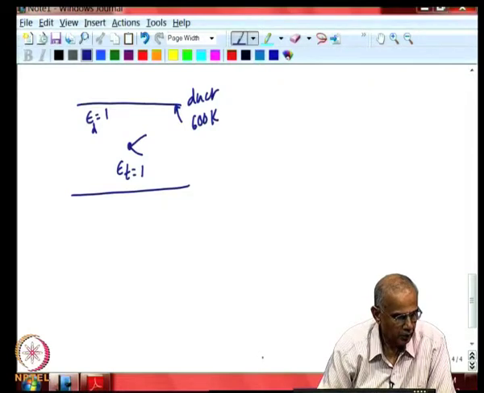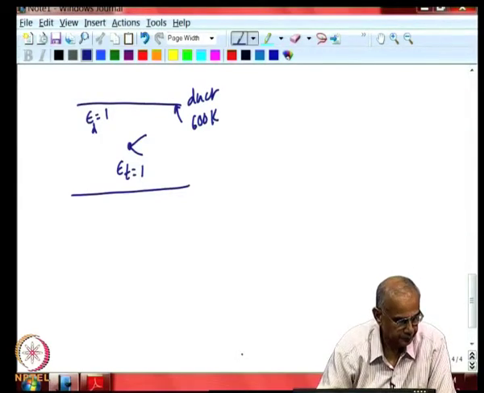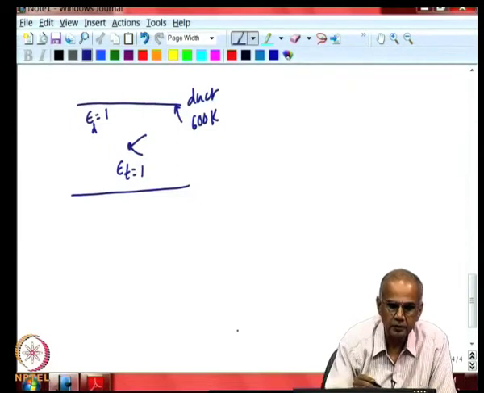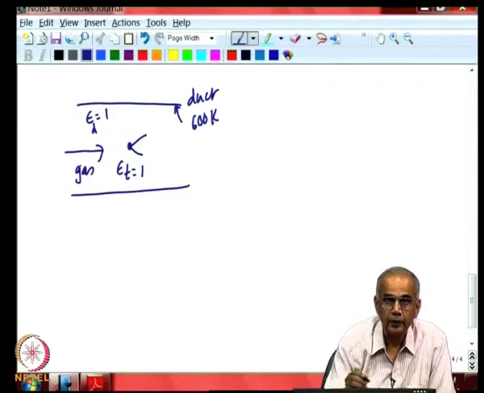You want to know the error in the temperature measured by the thermocouple, because the thermocouple is supposed to measure the temperature of the gas flowing in the stream.